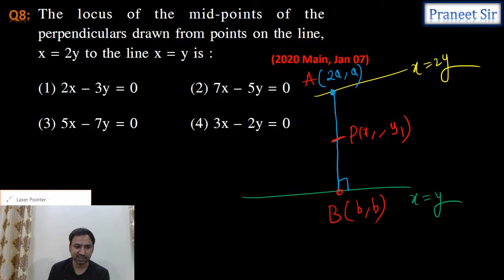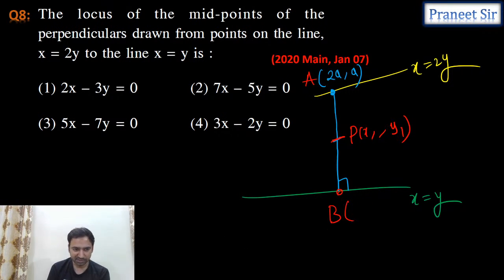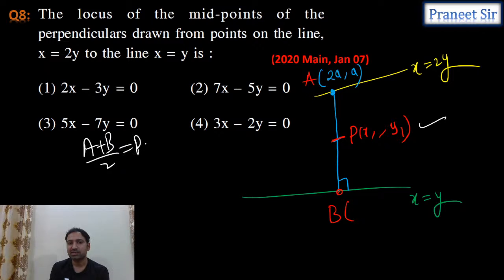Instead of taking so many variables, let the midpoint of AB be P. Can I calculate B in terms of A and P, guys? A plus B by 2 is P, so B equals 2P minus A.